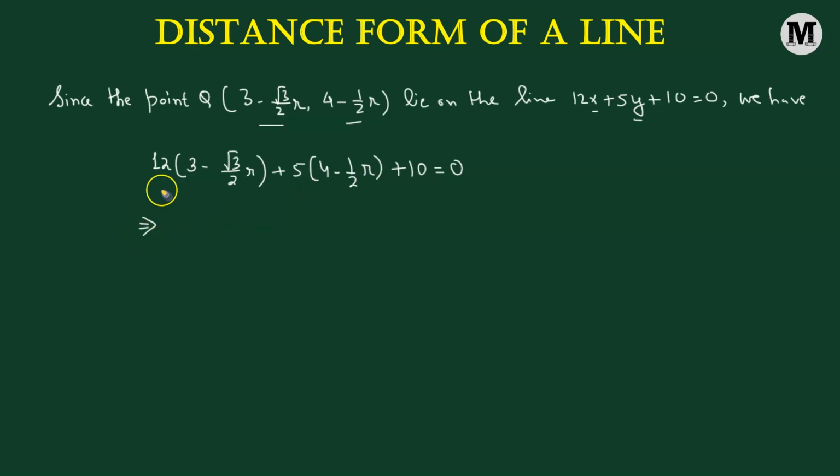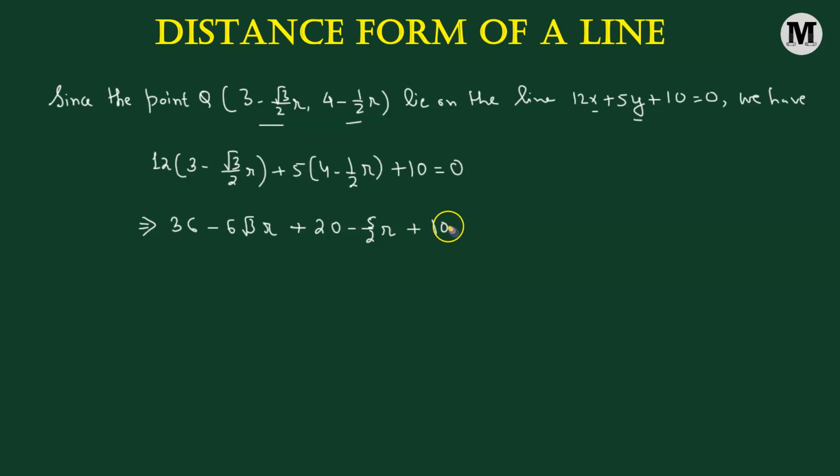So let's do that. We'll distribute 12 with each of the two terms within the parentheses. So 12 times 3 is 36, minus 12 times square root of 3 over 2 times r, which is 6 times square root of 3 times r. Added to 5 times 4, which is 20, minus 5 times half of r, which is 5 over 2 times r.